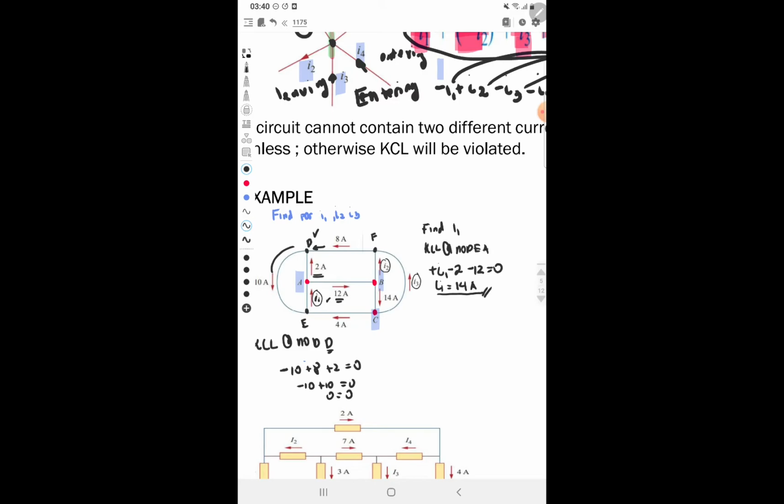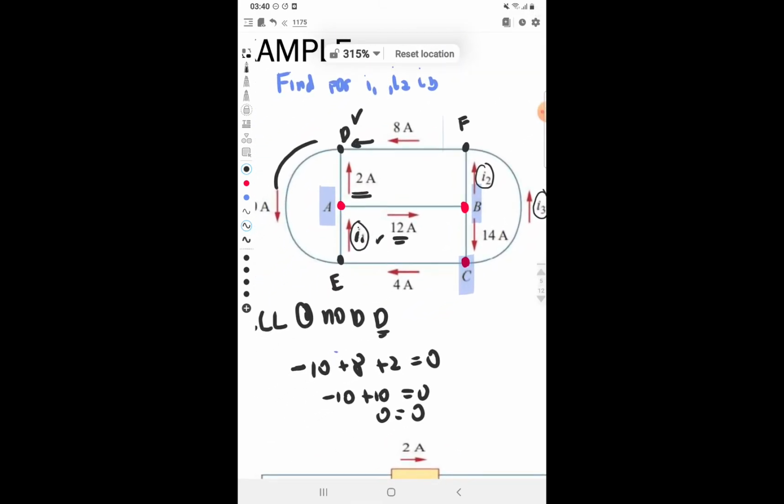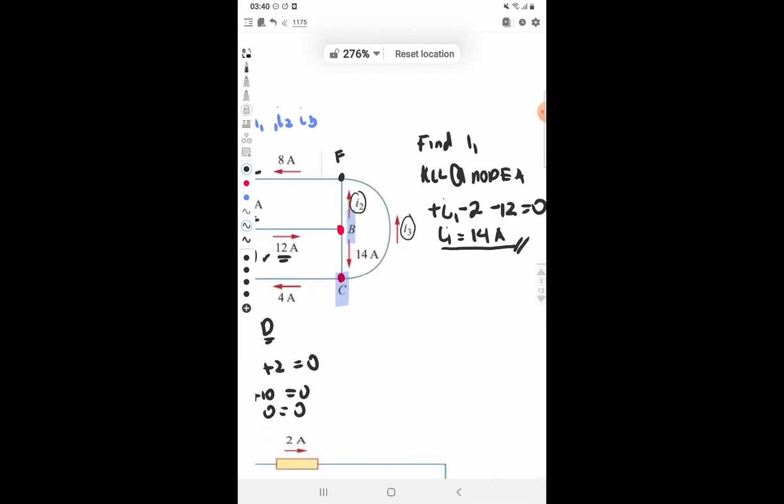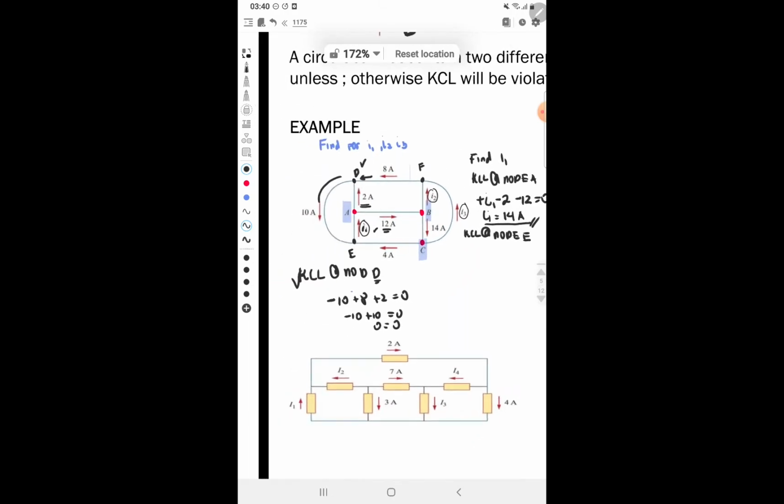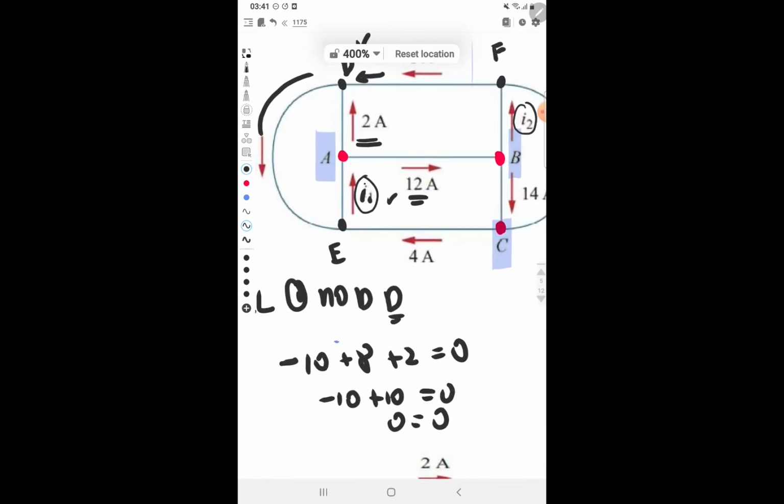Okay, next, let's consider node E. So at node E, what is our node E? This is it, right?